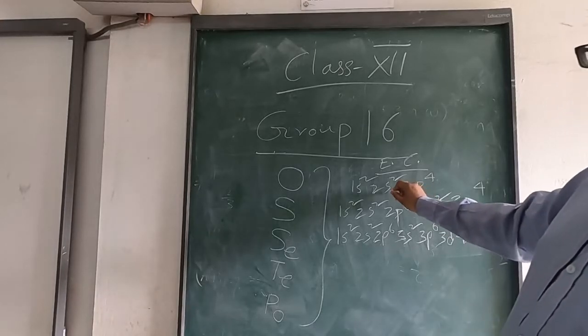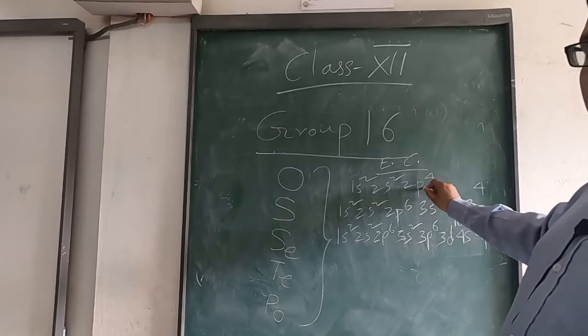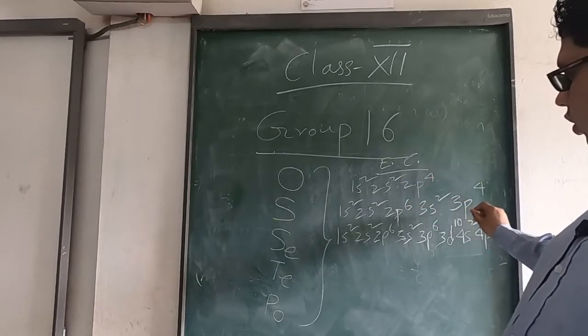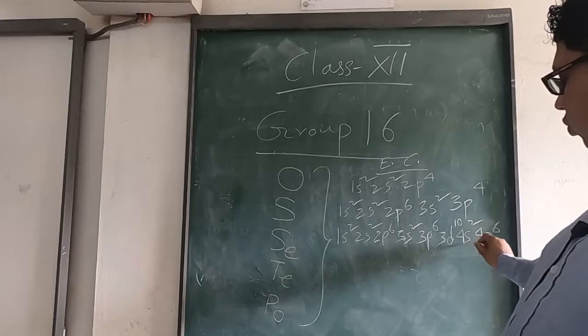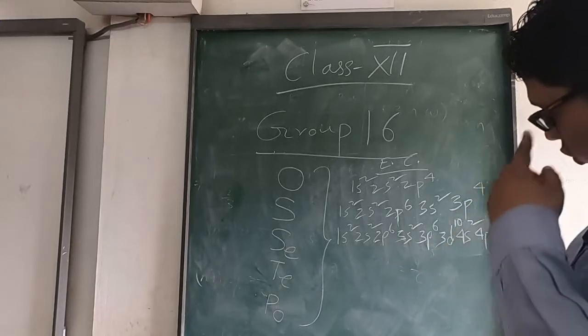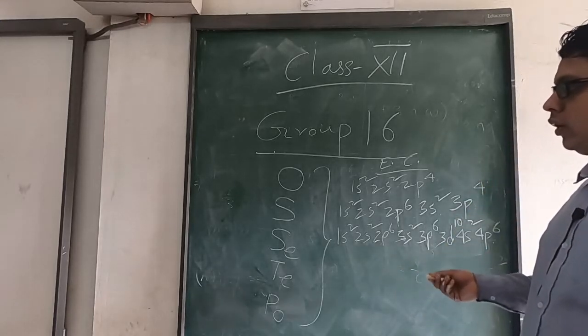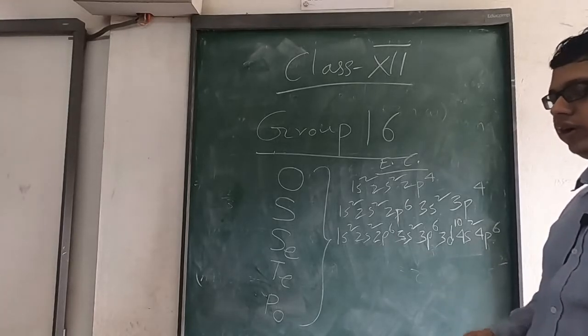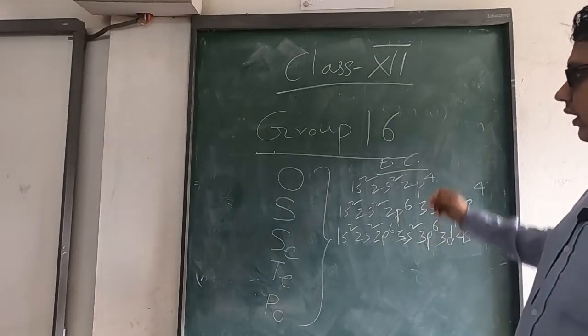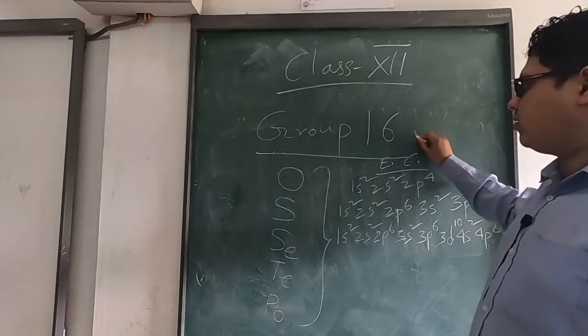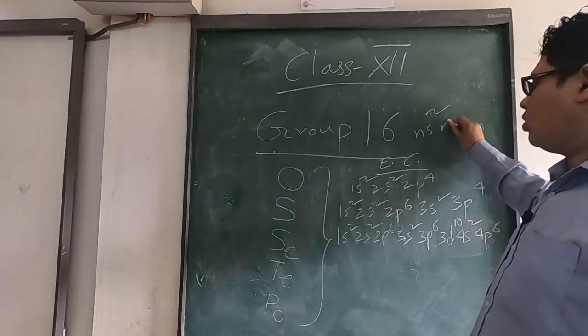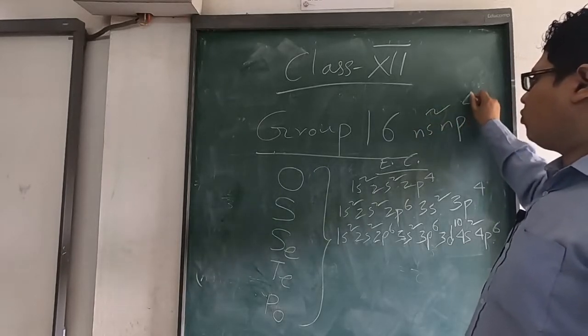In the first case it is 2s2, 2p4, 3s2, 3p4, 4s2, 4p4. Okay, so in that manner it will go on. We can say that the general electronic configuration for the outermost shell is ns2 np4.